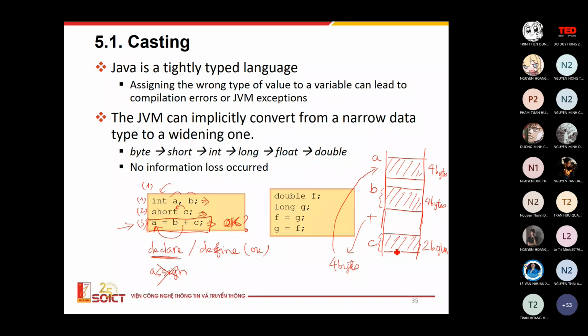You see that when you sum B and C, between 4 bytes and 2 bytes, Java needs to convert C into 4 bytes. Okay, you can see when you take the sum like this, for example, this is 32 bit, and this is 16 bit.